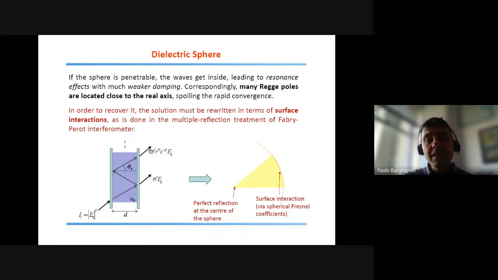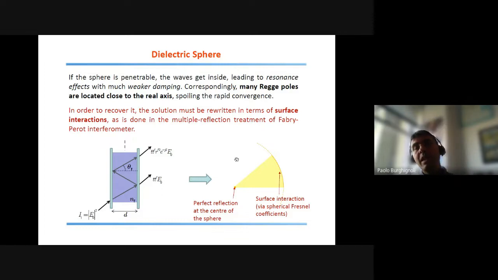Now, if you represent the transmitted field in terms of an infinite summation of rays, as is done in this picture, you are basically describing each scattering interaction on a local basis as a surface interaction that is between a ray and a single planar interface at a time. The left interface, so the left mirror of the cavity, or the right mirror.